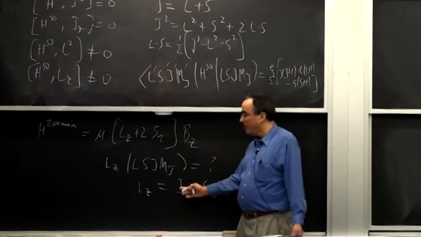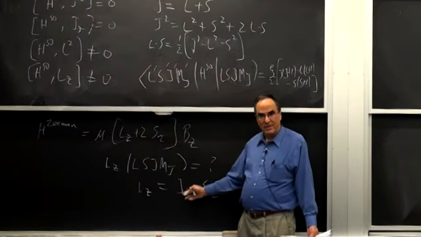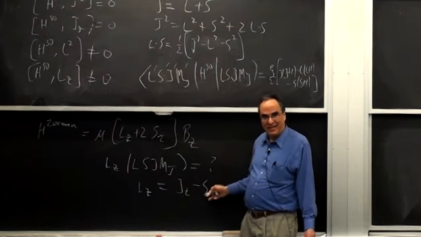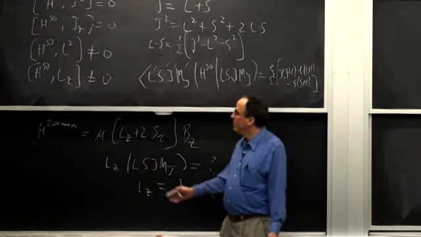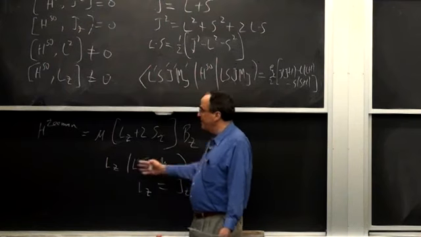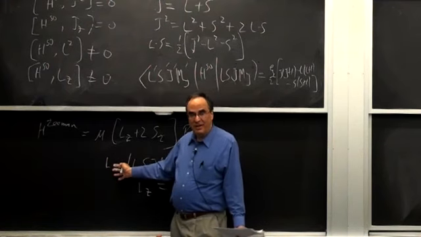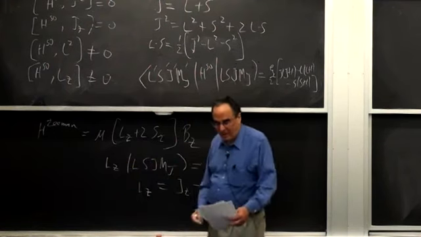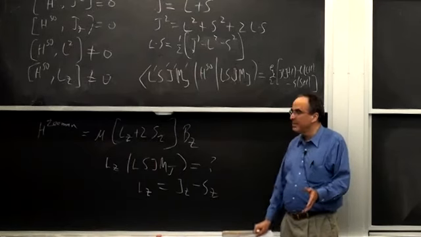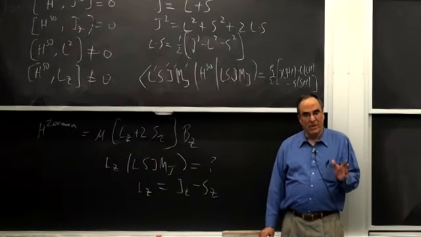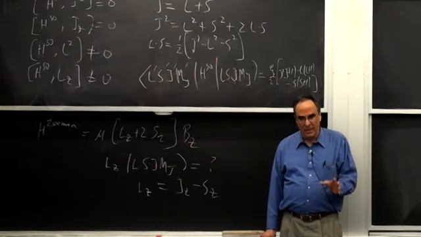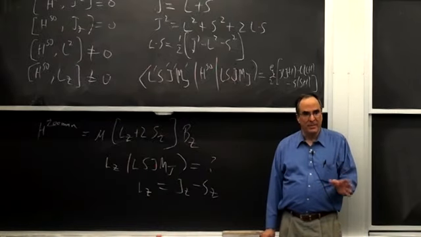And you know what JZ does in the coupled basis. So there's really only one thing you need to know about: LZ on this or SZ on this. And so what do we do? Well, one way to solve this is to write a transformation between the coupled and uncoupled basis sets.